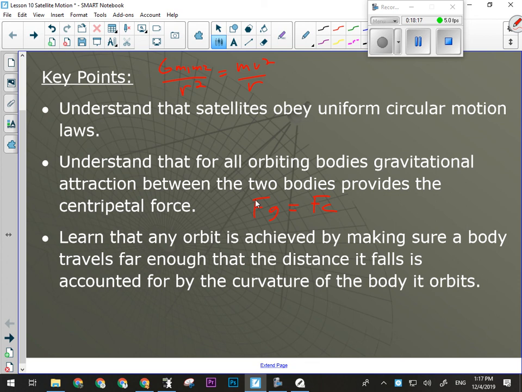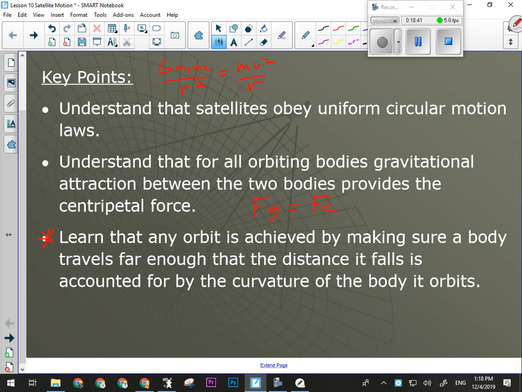Now, the other thing we have to learn is essentially the premise behind getting something to orbit something else. The key to getting something to orbit is that it has to go fast enough that the distance it falls towards the thing it's orbiting is accounted for by how much that thing curves away.